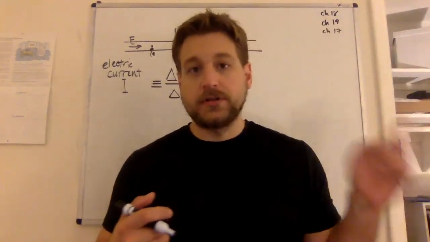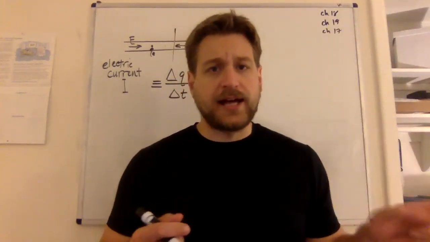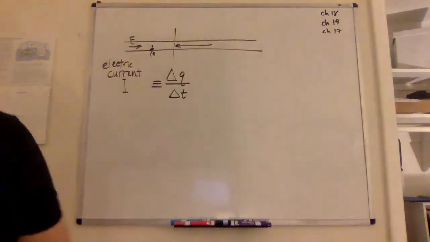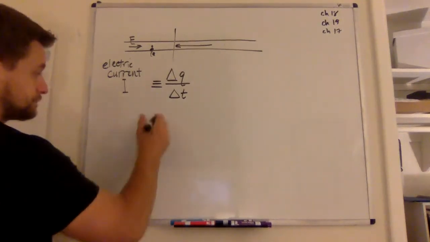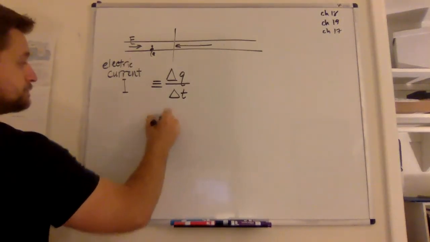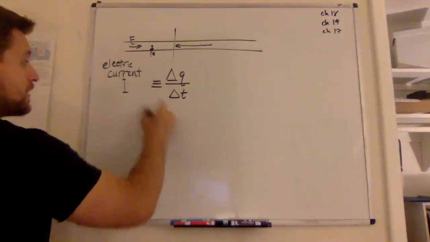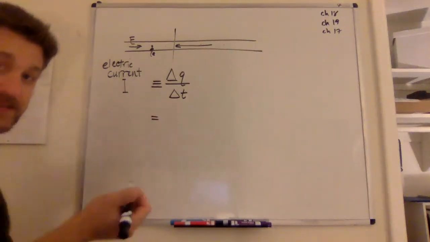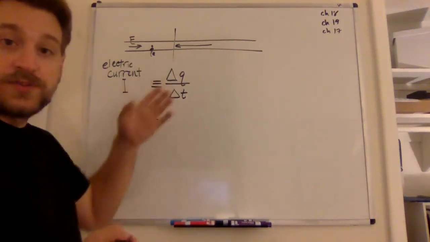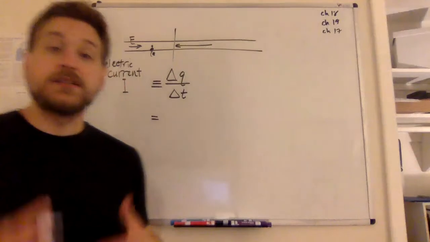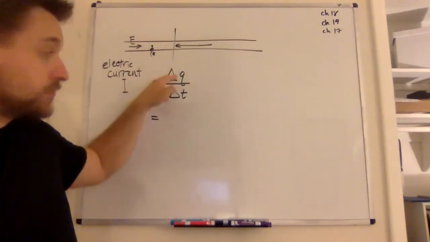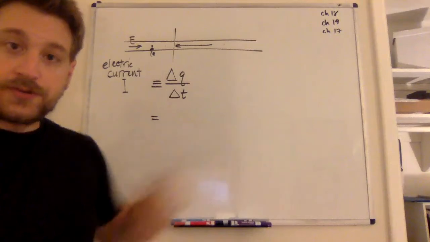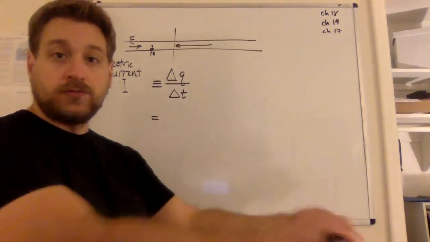The textbook almost always uses a capital I. This is equal by definition. The three-line equal sign is defined to be current. Electric current is defined as the rate at which charge flows. This is the charge flow rate.